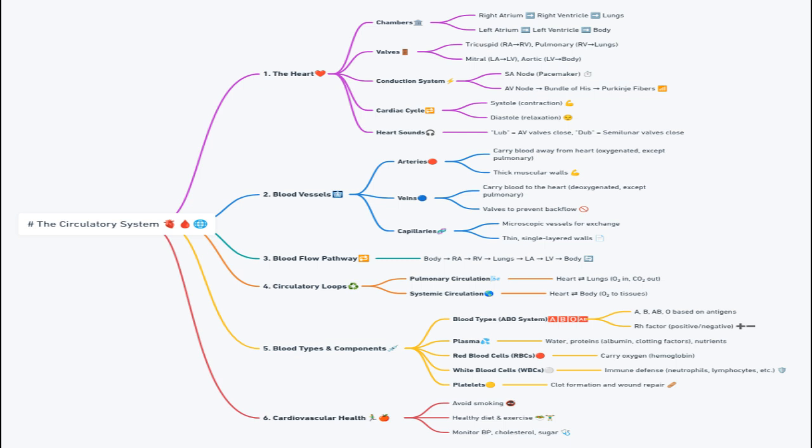Alright, so the alterations in the electrocardiogram: you realize if there is a complete heart block, the P waves and the QRS complexes are not coordinated at all.